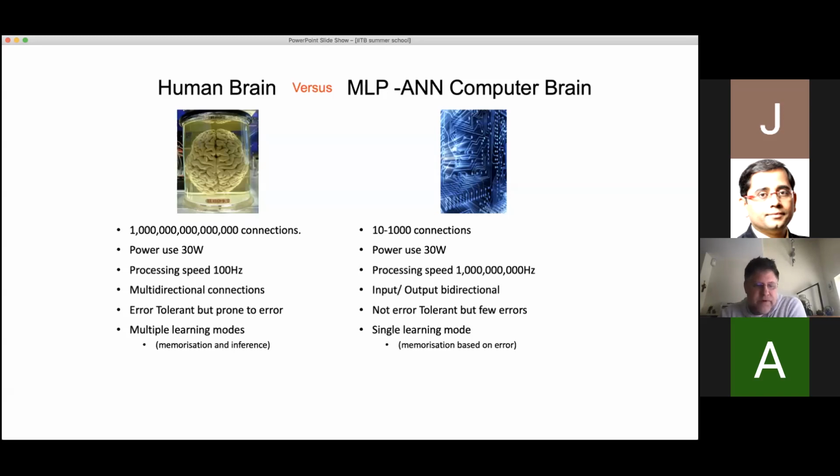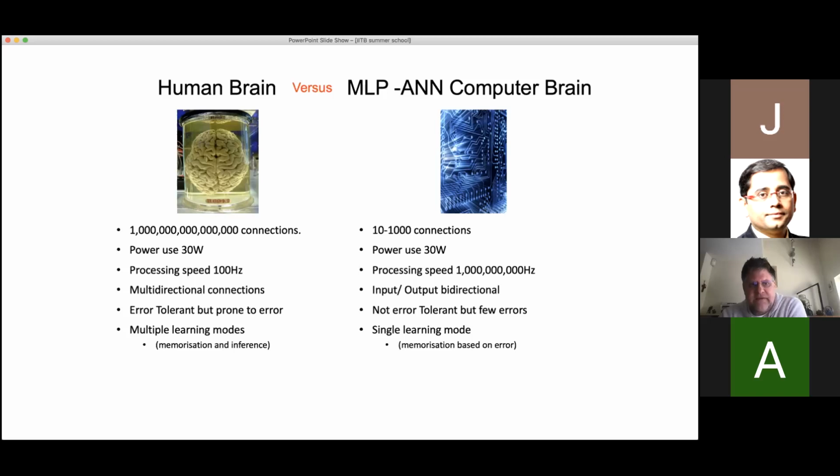The human brain has a processing speed of around 100 hertz, so 100 processes per second. Whereas processing speeds of computers are in the order of gigahertz, and in some level of parallelism to that. The other difference between what we're trying to do with the human brain is the human brain tends to have a level of organization, but it's multi-directional.